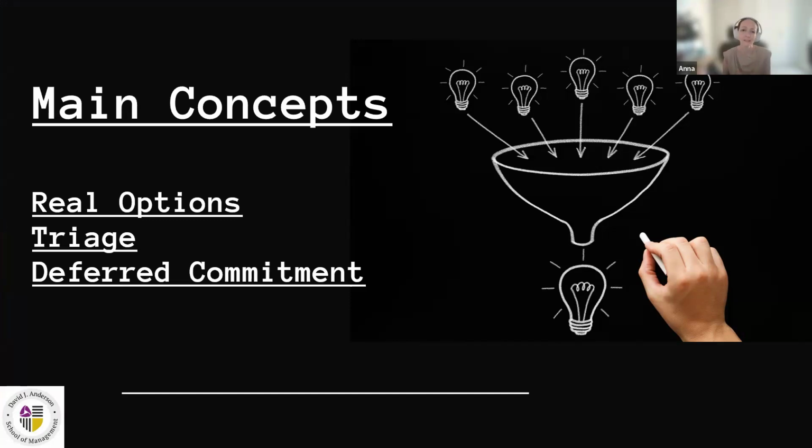Real options. This is a concept that we borrowed from financial management, where you do an investment assessment, for example when you are opening some investment projects. You need to decide whether you should actually proceed with this project or maybe not. Is it financially viable or not?